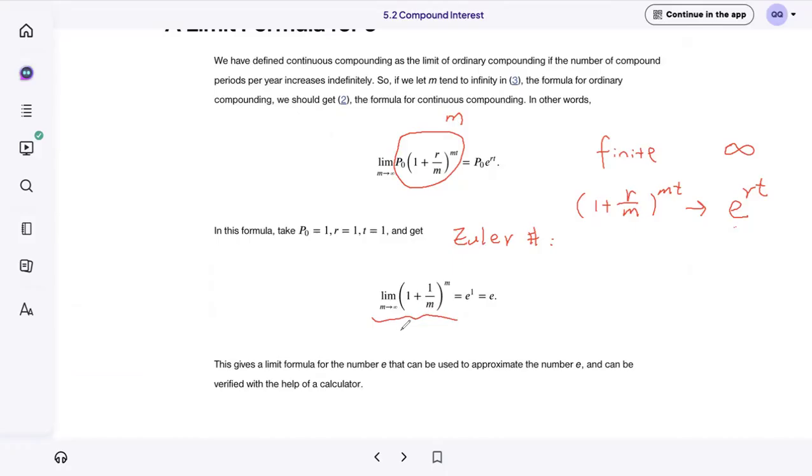But this is too much to write every time, and the mathematician Euler found this pattern, so it's been named after him, the Euler number. That's it. So e represents the limit, as m goes to infinity, of 1 plus 1 over m raised to m.